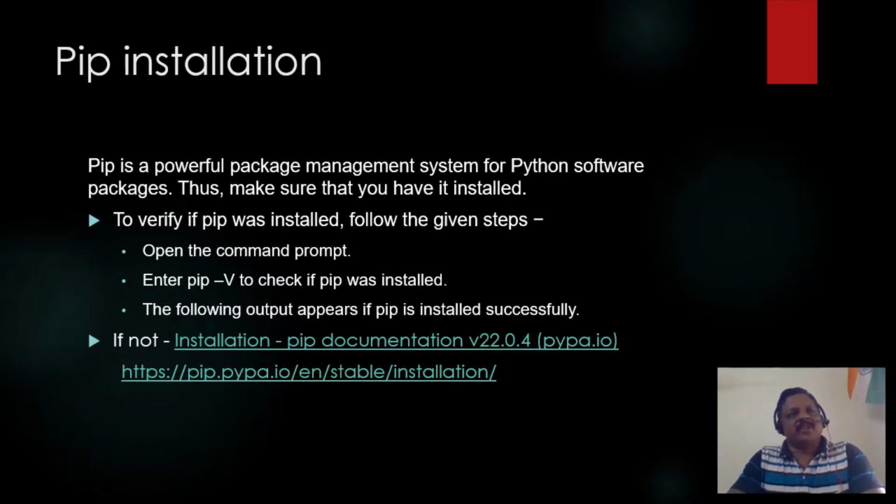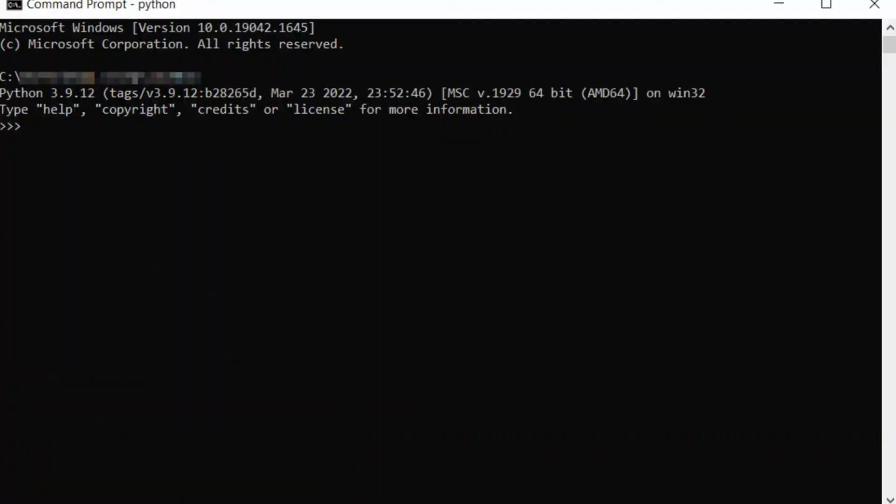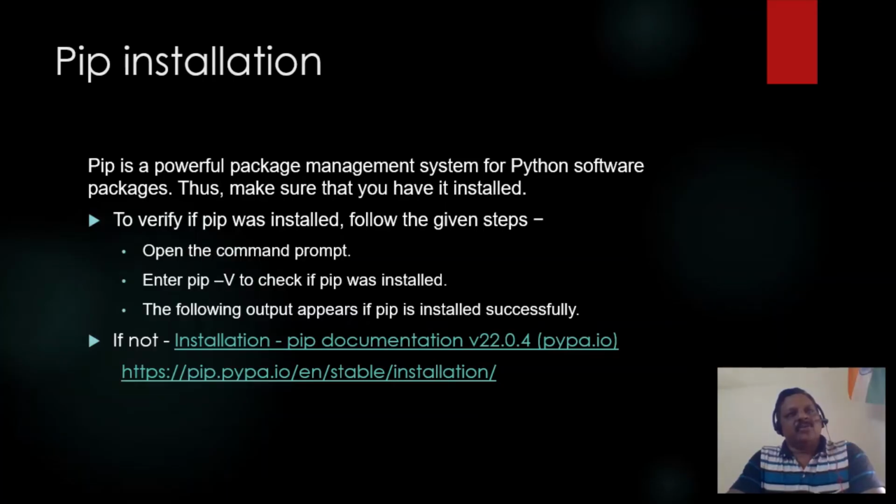As I mentioned in the previous slide, let's verify whether Python is installed correctly using a command, and also verify if pip is installed. Pip is a powerful package management system for Python software packages, so make sure that you have installed it correctly. That's all you need to do to install Python in your local system.